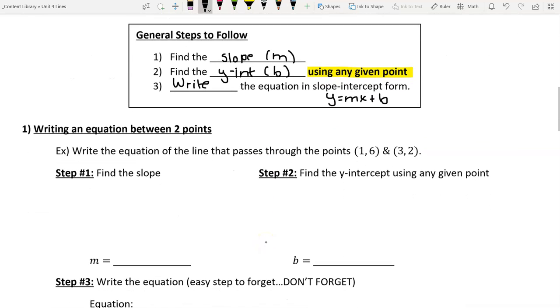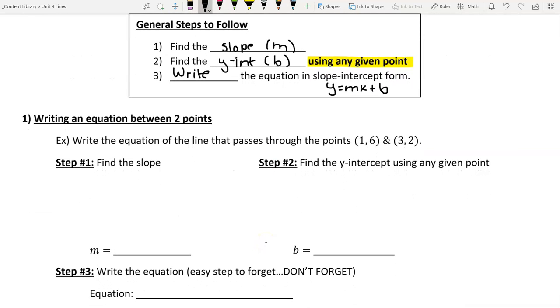So, writing an equation between 2 points. Step 1, find the slope, okay? We've done finding the slope between 2 points. So if I need to write an equation that passes through the points (1, 6) and (3, 2), remember, we have a formula. Remember doing this? That whole day on slope? We did a whole day on slope for this reason.